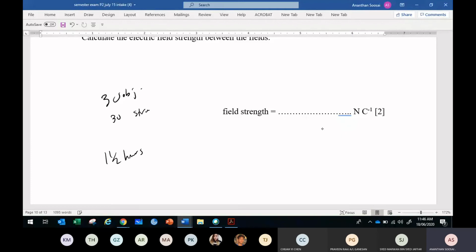So 30 objective questions, in a real paper, 60 marks. So 75 divided by 60 marks, how much is it? This is the time for you to spend for 1 mark of question.